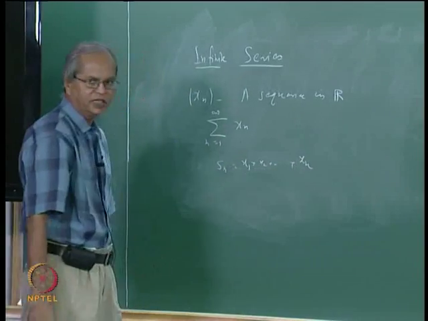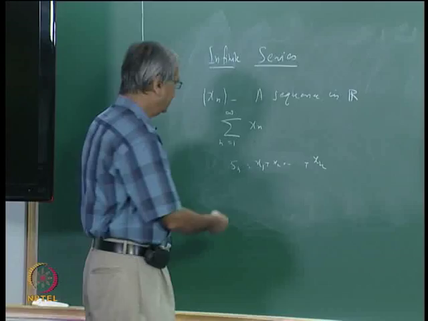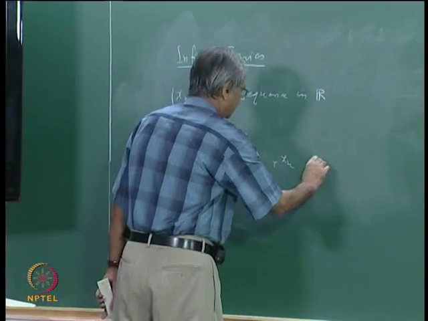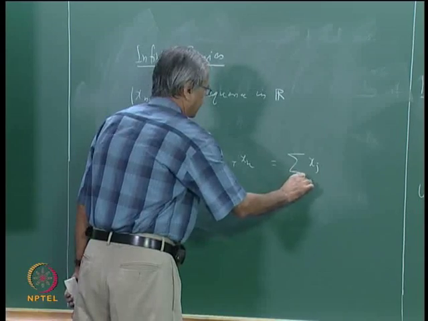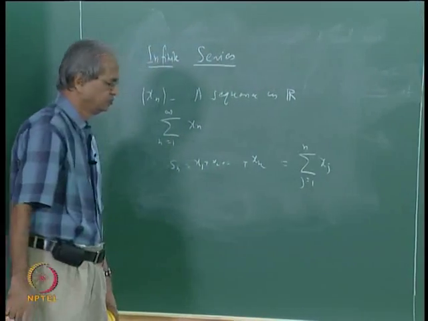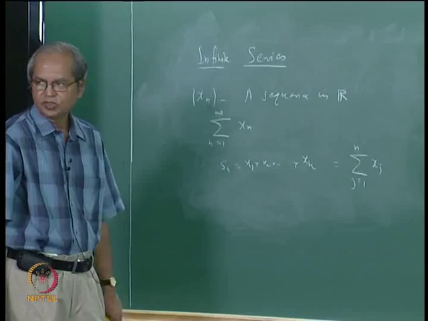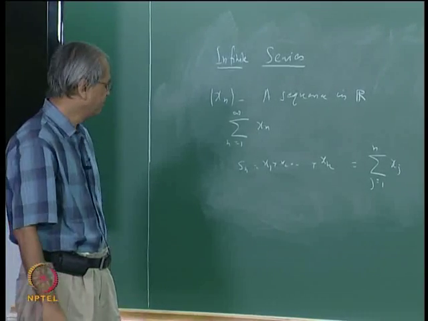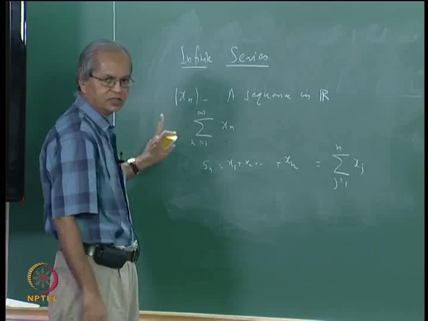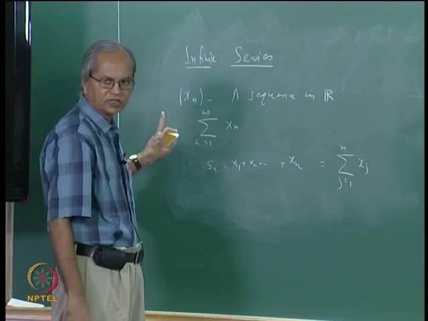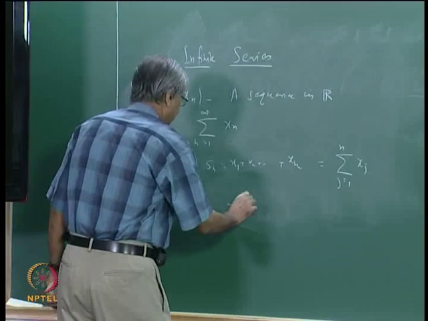Since we will use this often, let us use the notation sigma xj, j going from 1 to n. This Sn is called a partial sum of this series.